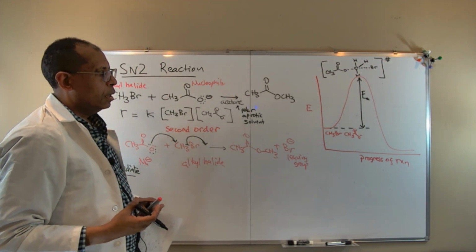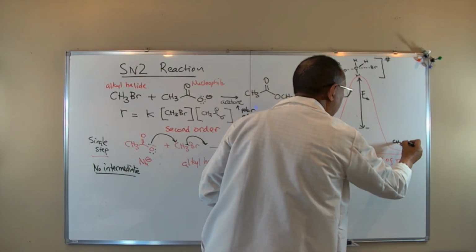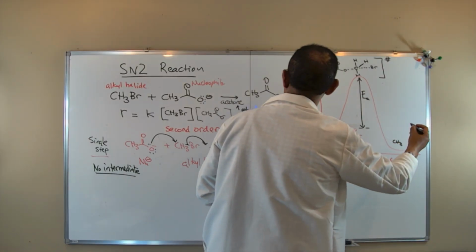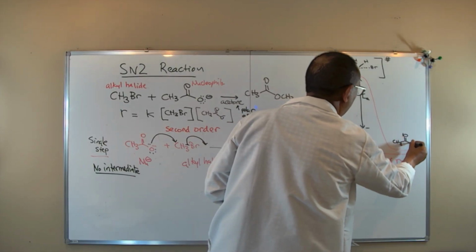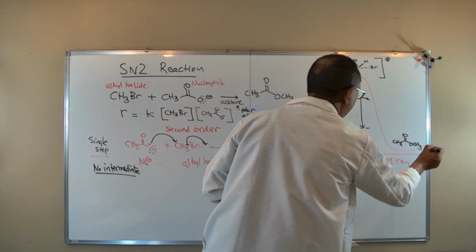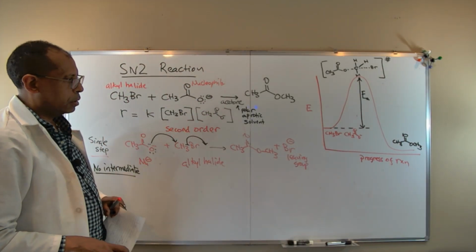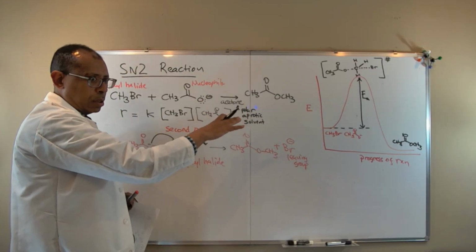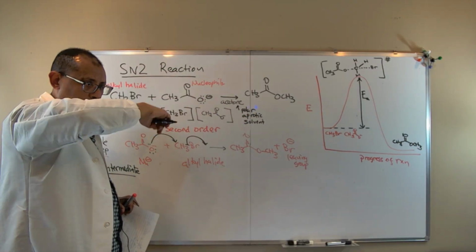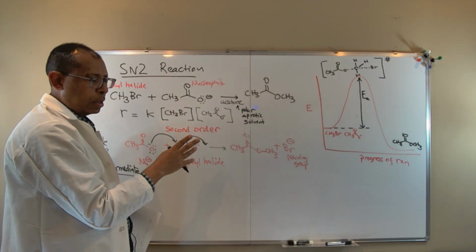Okay? And here you see the final product, which is CH3, the final product, a lower energy product. So for an SN2 reaction, it is just a single hump with no intermediate.